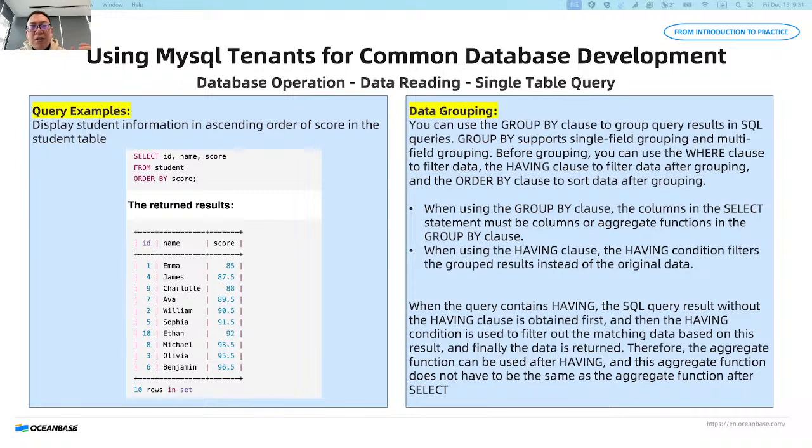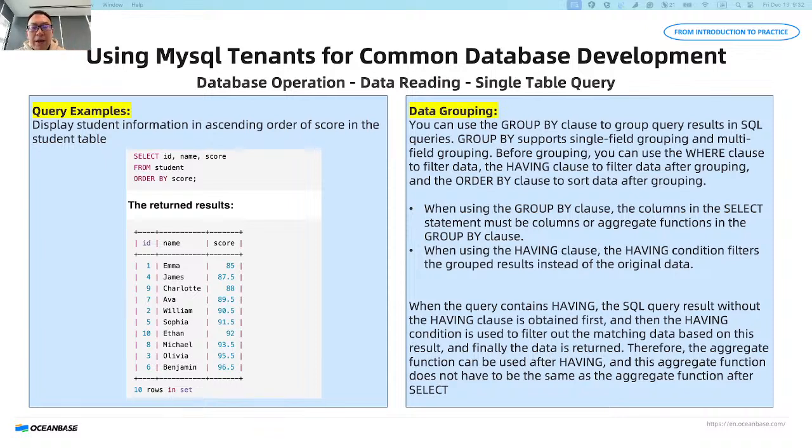When using the group by clause, the columns in the select statement must be columns in the group by clause or aggregate functions. When using the having clause, the having condition filters the group result instead of the original data.